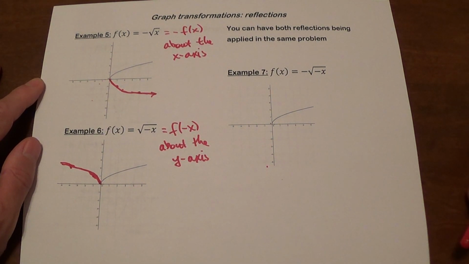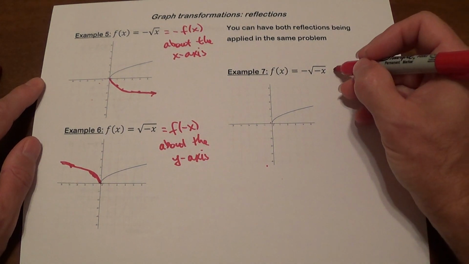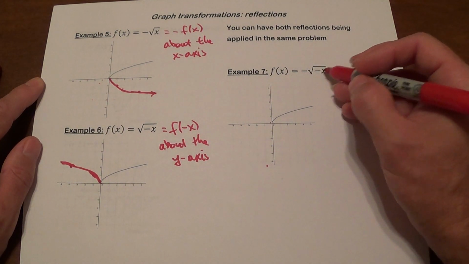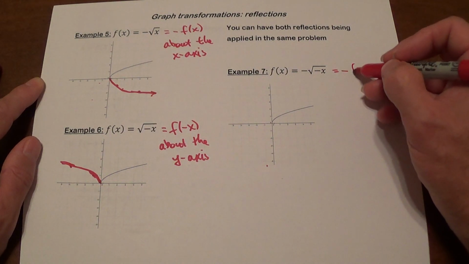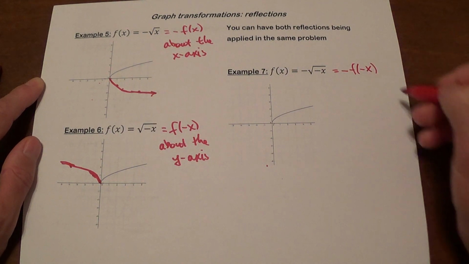And just like with other transformations, you can have more than one, so you can actually have both reflections applied in the same problem. What we have here is a negative outside and a negative inside. This is negative f of negative x.